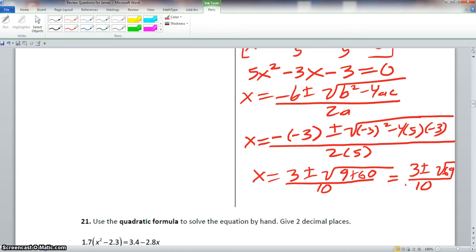Now, 69, there is no perfect square in 69, so our final answer is x is equal to 3 plus or minus the square root of 69, all over 10. That is our final answer.